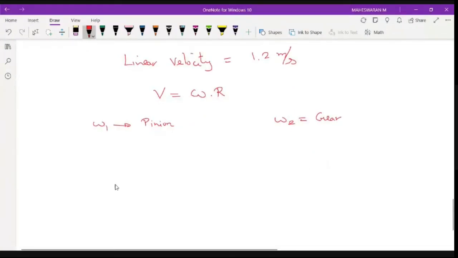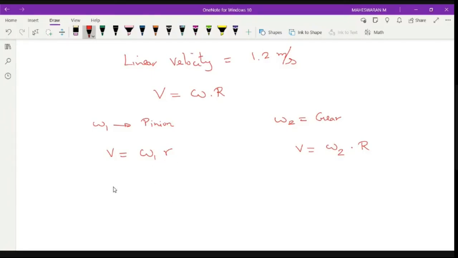In that case, V is equal to omega 1 into r, and similarly V is equal to omega 2 into capital R, where R is always indicating the pitch circle radius. So we have to identify based on that.